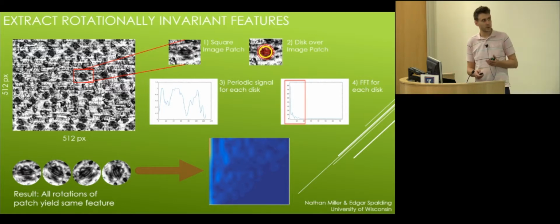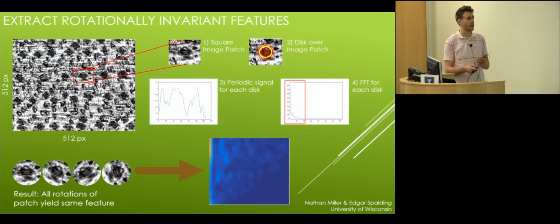What Nathan does is he models a square image patch like that and overlays disks on top of that patch, from which we can get a periodic signal for each disk, based on the grayscale. He uses a fast Fourier transformation for each of those periodic signals, so that when we stack all those FFTs into one, we get a signal that clearly distinguishes a stomata from a non-stomata.